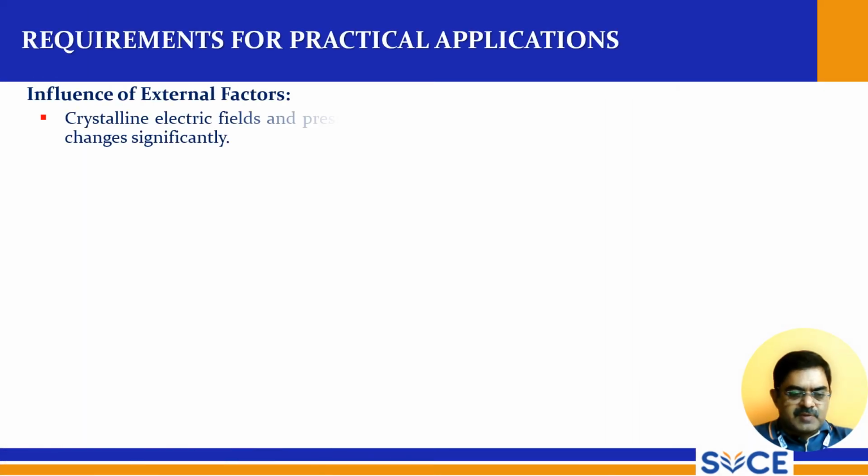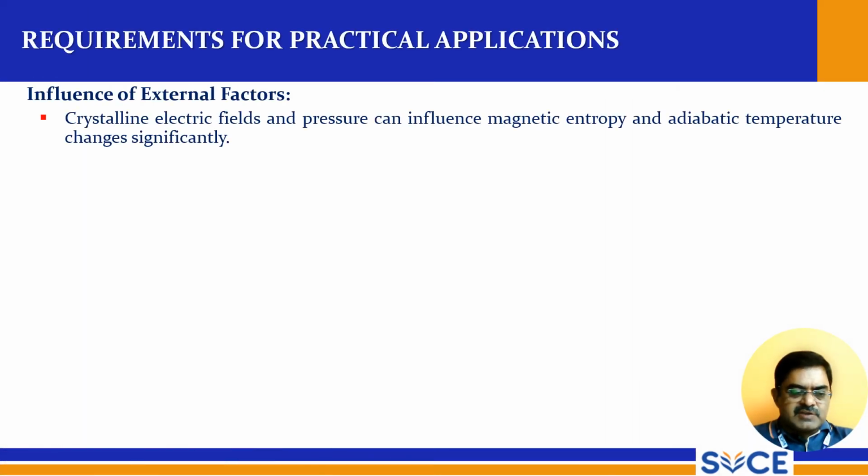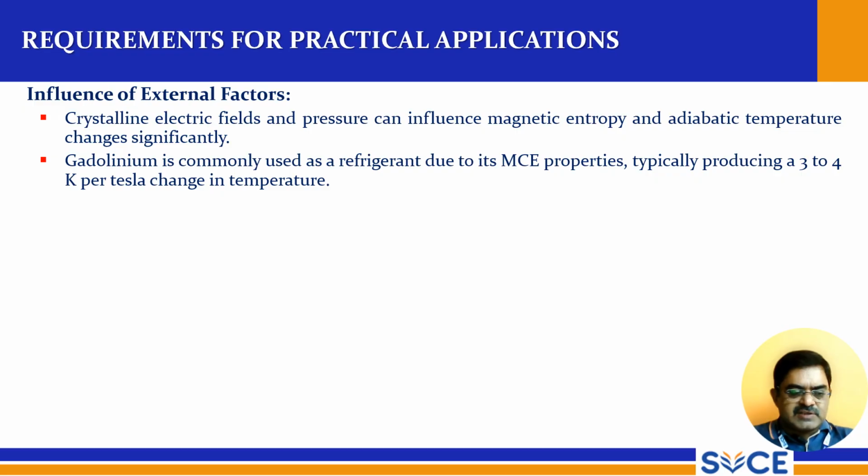So requirements for practical applications, influence of external factors: crystalline electric fields and pressure can influence magnetic entropy and adiabatic temperature changes significantly. Gadolinium is commonly used as a refrigerant due to its magnetocaloric properties, typically producing a 3 to 4 Kelvin per Tesla change in temperature.